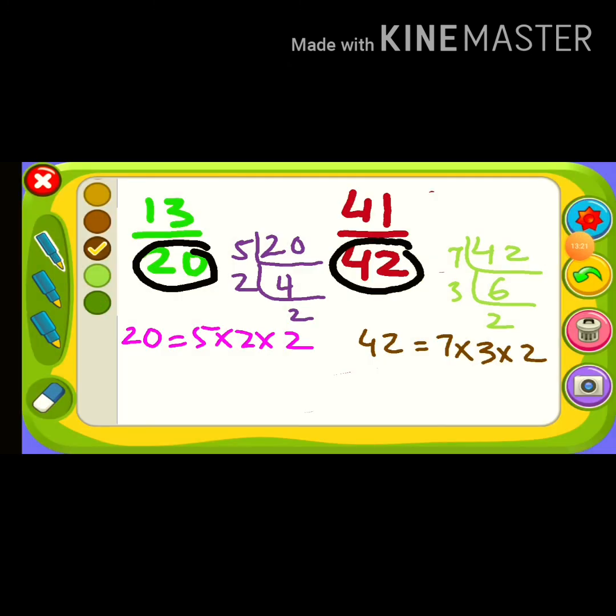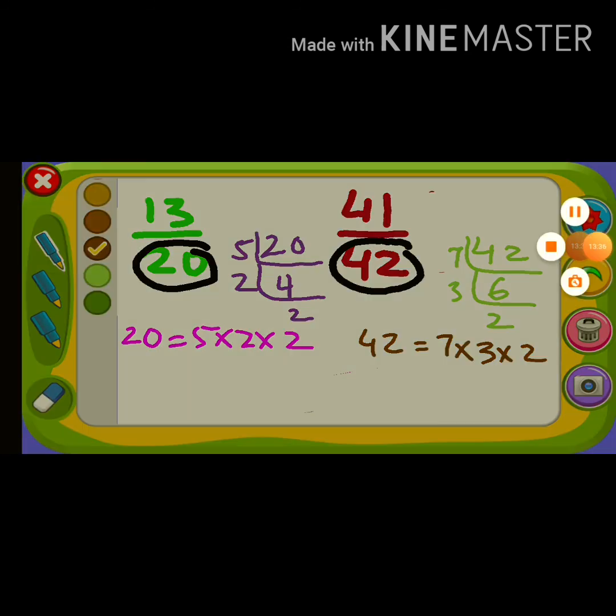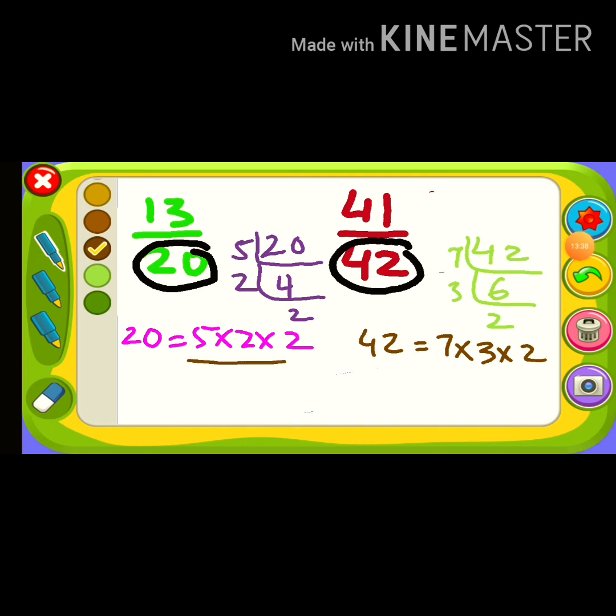So actually these are 2 different bits. Here you can see that we got a combination of 2 and 5, so it is terminating in its decimal expansion, as I already told you. Here we got 7 and 3, which are other than 2 and 5, so it has non-terminating repeating decimal expansion.